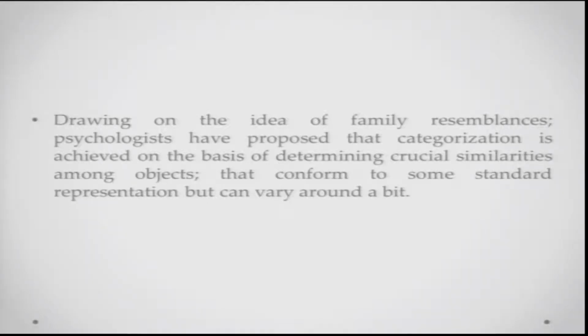Now, drawing from this idea of family resemblances, a number of psychologists have proposed that categorization is achieved on the basis of determining crucial similarities among objects that would conform to some standard representation and obviously can vary around a little bit. So, you look at all the chairs in the world and you come up with some crucial similarities that most objects will conform to, or say for example, you can average all of that out and come up with a standard representation that a chair will have at least these 2 things, and everything that conforms to at least these 2 things is made a member of that family.